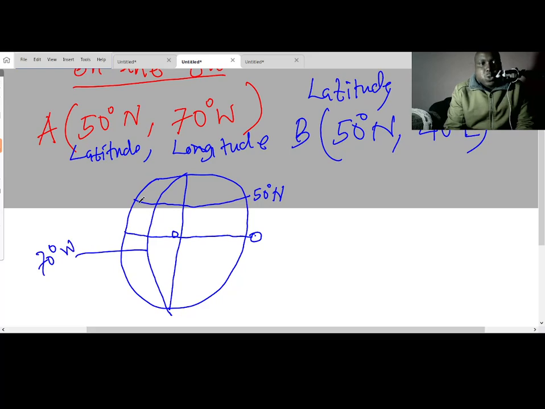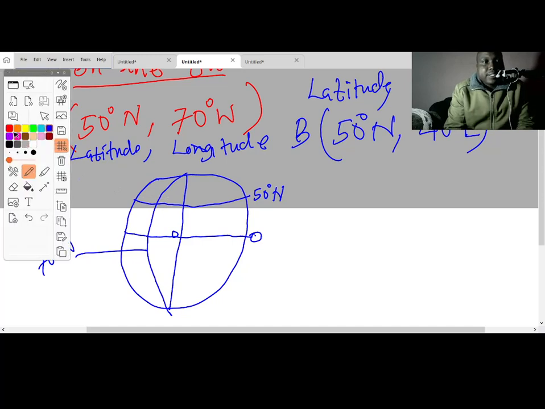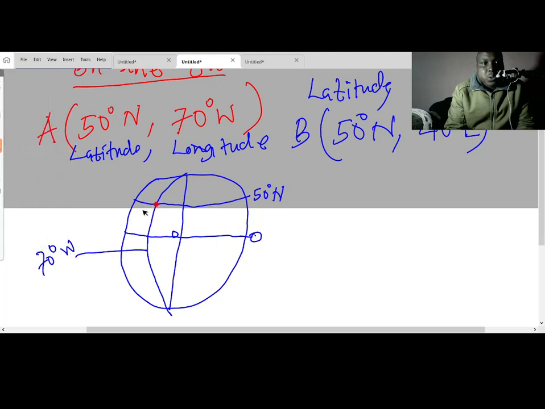So where the two lines meet, that is where we have point A. So this is point A. Let's put point B. Point B is 50 degrees north, so they are on the same latitude. It is somewhere here.